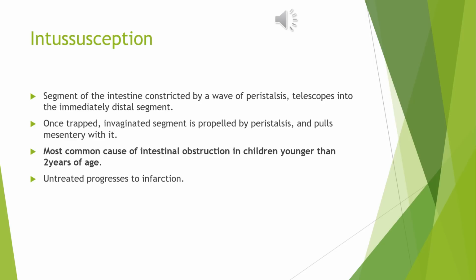So a constricted segment enters or telescopes into a wider distally located segment, and with each peristaltic contraction, the proximal segment enters more within the wider distally located segment and is propelled by these peristaltic contractions, pulling with it the mesentery surrounding the bowel. If left untreated, the intussusception will progress to infarction.